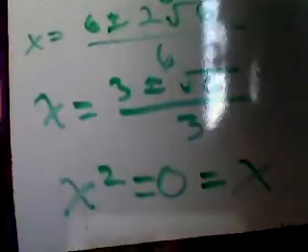There's also one more, and from earlier when we pulled out that x squared, all you do for that is x squared equals 0, so therefore x is 0 as well. So for this particular function, there are a total of 3 zeros.